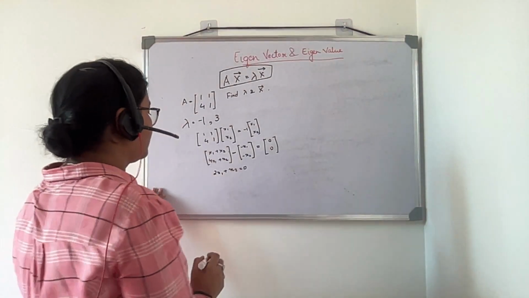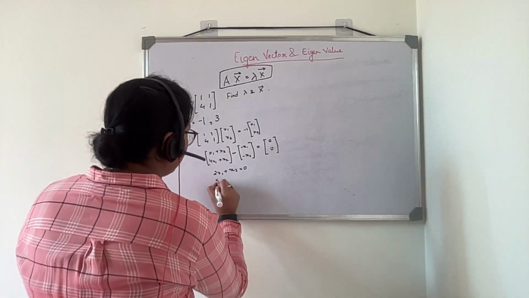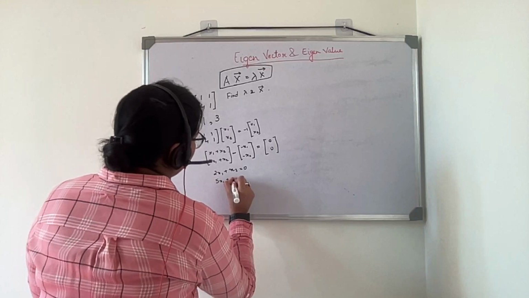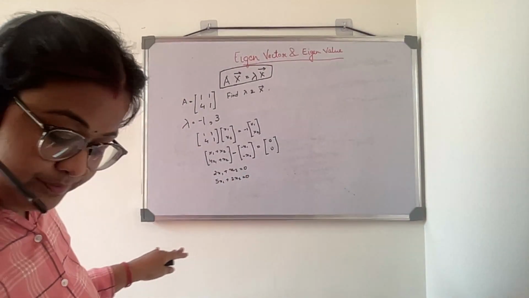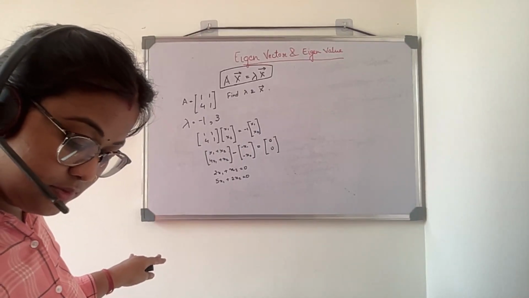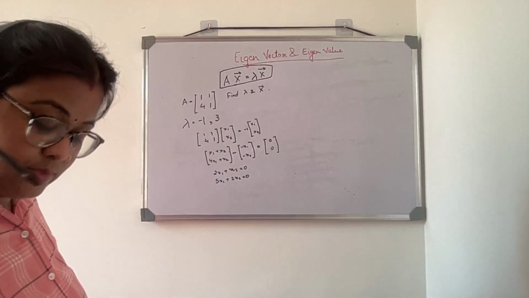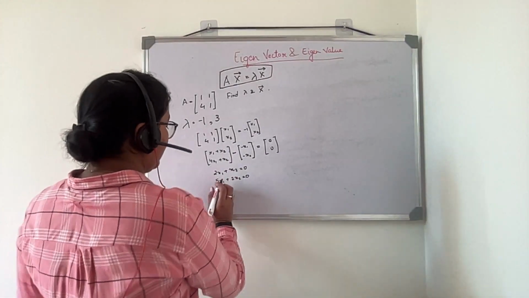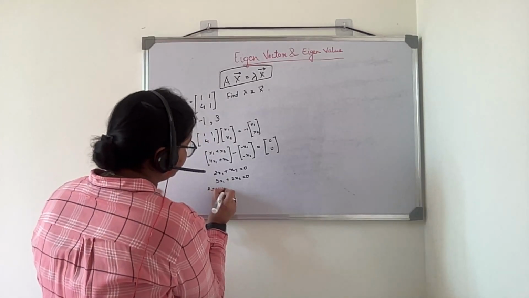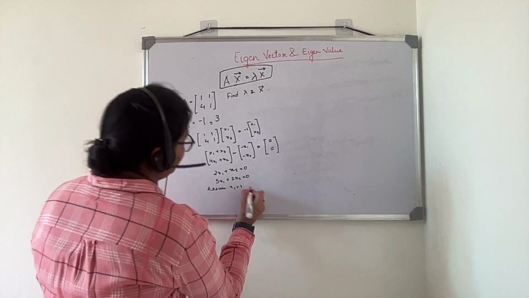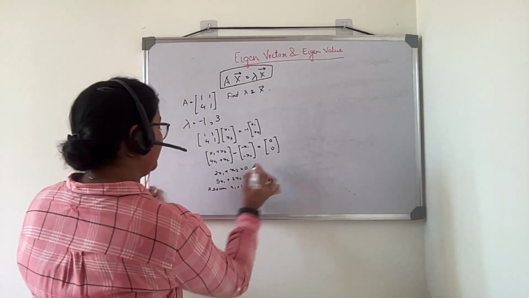And 4x1 plus x1, 5x1 plus 2x2 equal to 0. Now assume x1 equal to 1. Then we get the x2 value as minus 2 for this equation.